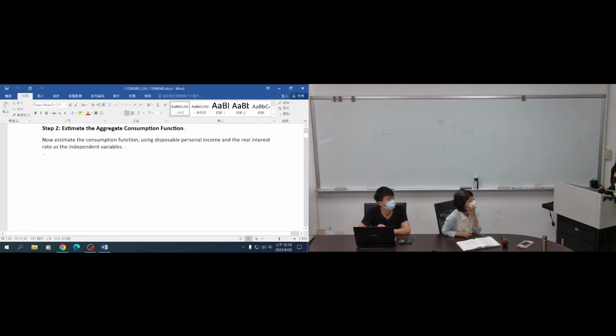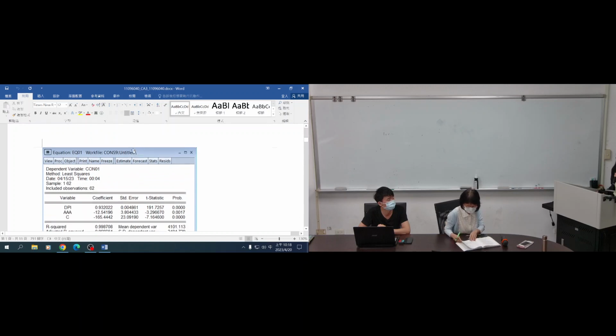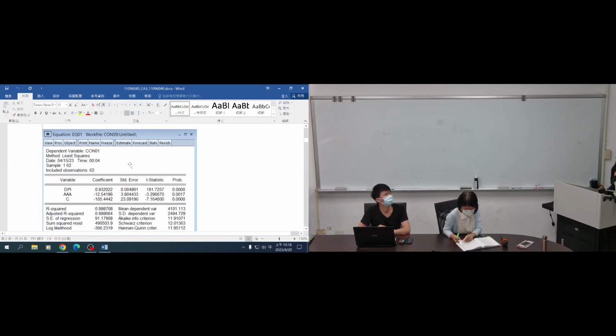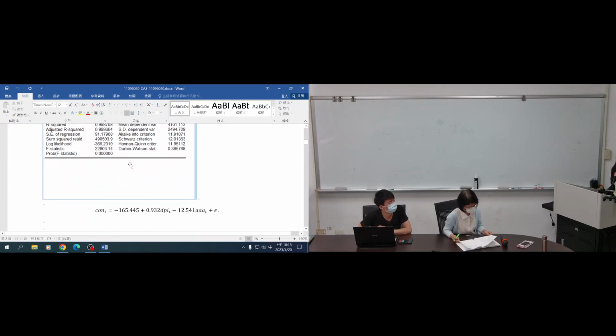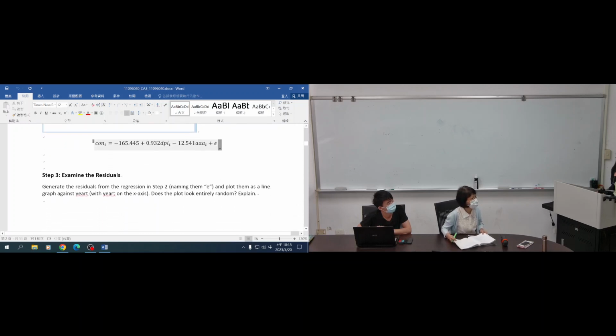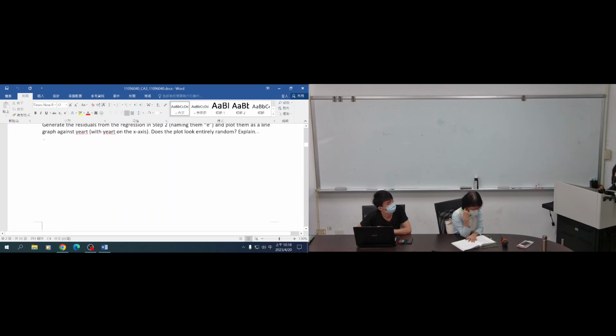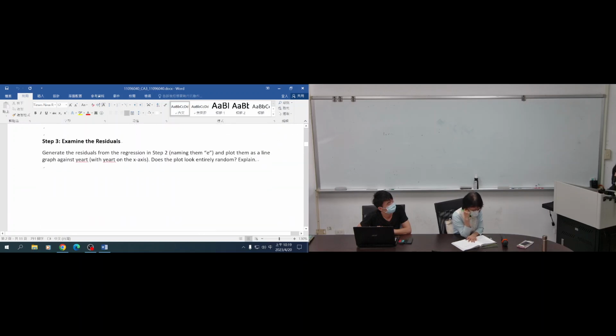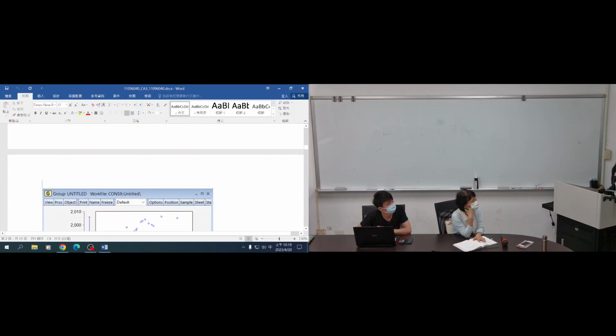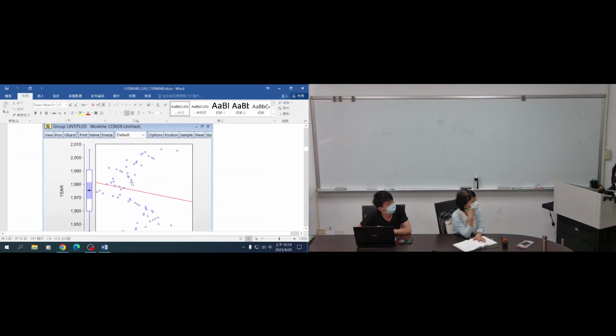And this is the consumption function. I got this result from EViews, and this is the equation. And I examined the residuals against year T on the x-axis, and I got this plot.